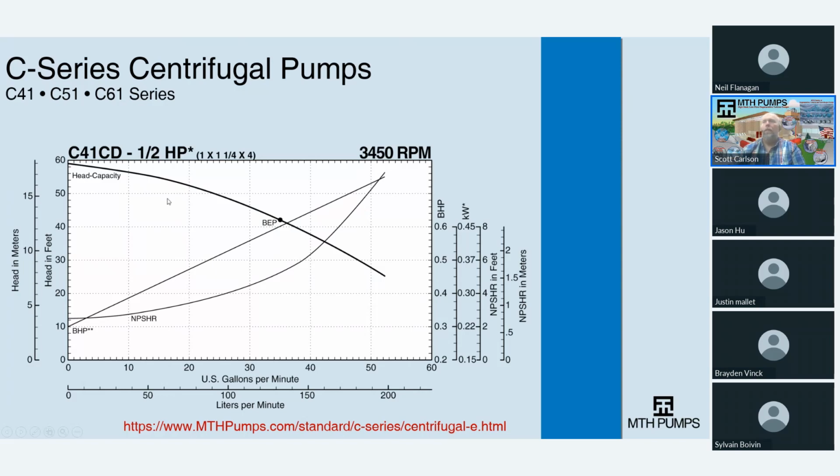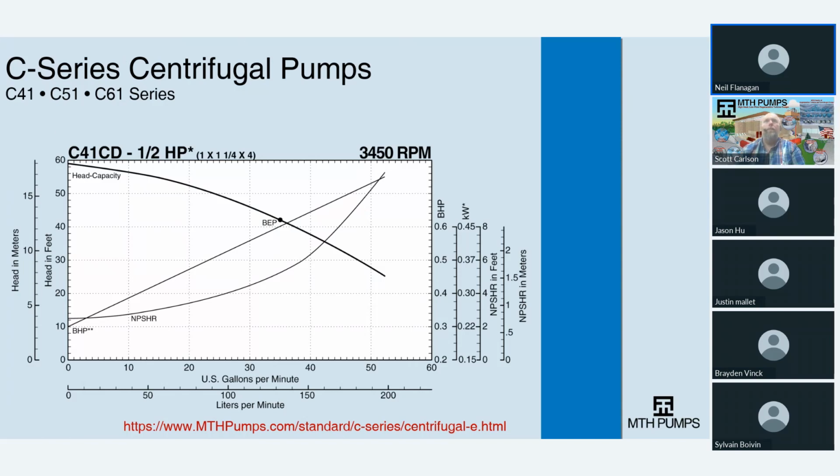And so for all the rest of them, with the Department of Energy, we publish what the pump efficiency rating is. So it's published right on the curve when you go to our website.